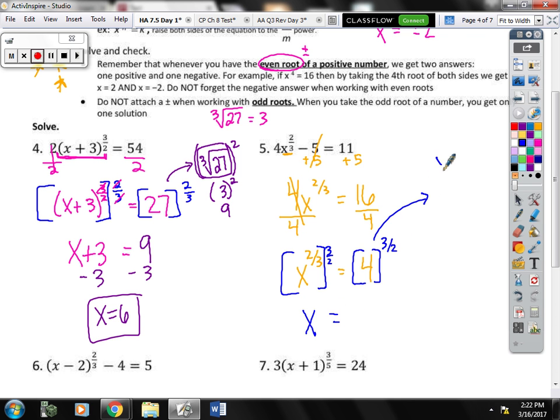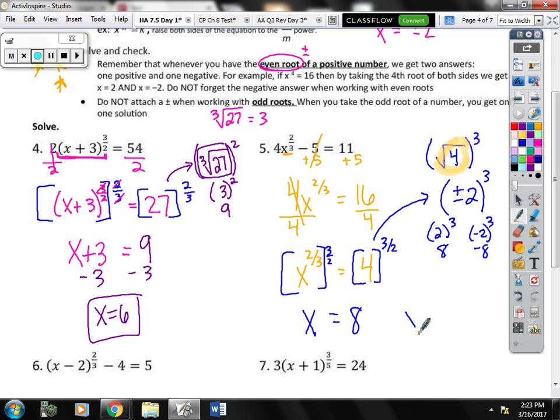It's the denominator of 2, so the square root of 4, quantity cubed. So right here, this is what Andrew's asking about. When you take the square root of 4, you want to jot down that it's a positive or a negative 2, and then cube it. Well, positive 2 cubed is 8, but negative 2 cubed is negative 8. Your two answers are x equals 8, and x equals negative 8.